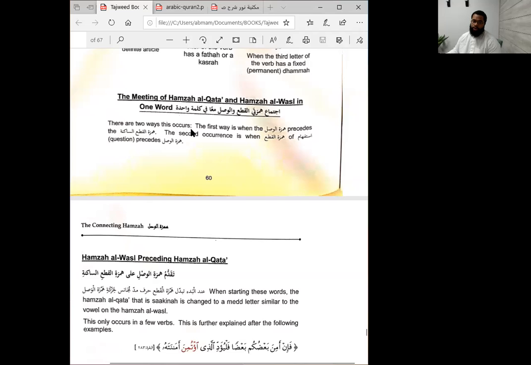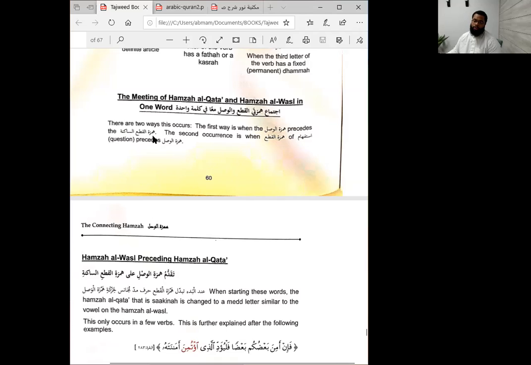So there are two ways this occurs. The first way is when Hamzat al-Wasl precedes the Hamzat al-Qata' sakina. Hamzat al-Qata' has a sukoon. Either the Hamzat al-Qata' has a sukoon, or Hamzat al-Qata' would be istifham, meaning it would be the inquisitive Hamzat al-Qata' that precedes Hamzat al-Wasl.